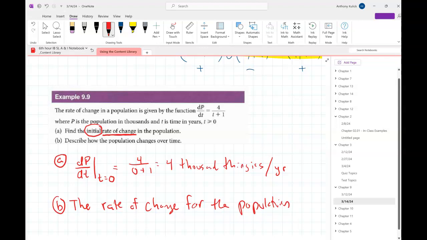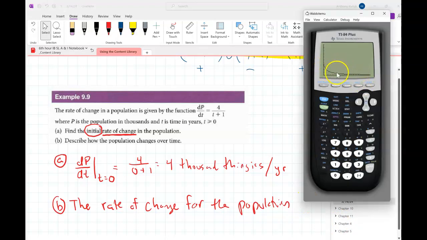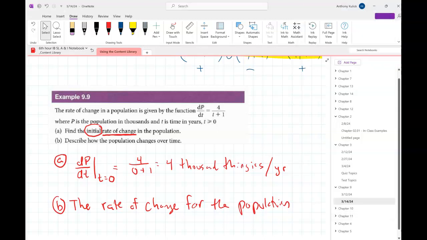It's not negative. Those are still positive values, right? Because they're still above 0, because this is the graph of the derivative, not the graph of population, right? So it's just the rate of change for the population decreases, right? Because it's getting smaller. That rate is getting smaller.